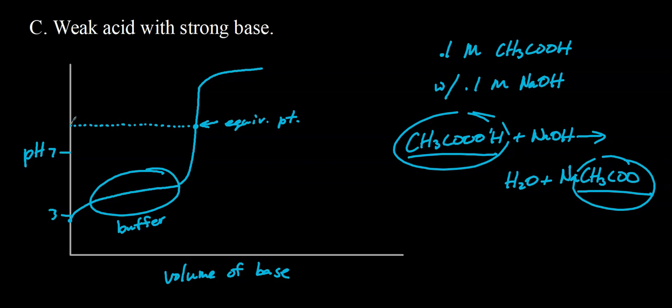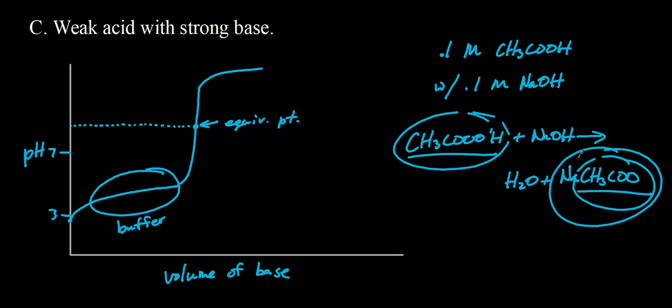Now I've exaggerated this, it's probably 8 point something, but I believe you get the point. pH at the equivalence point is greater than 7. Why is that? Well, you have at the equivalence point only sodium acetate. Sodium acetate is not a neutral salt. It's something called a basic salt. And it's called a basic salt because its solution has a pH of greater than 7.